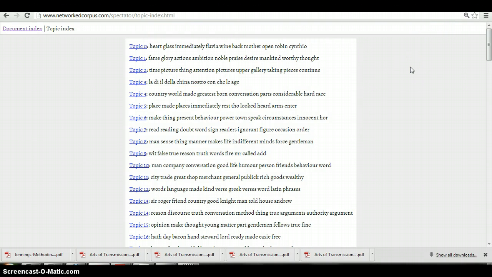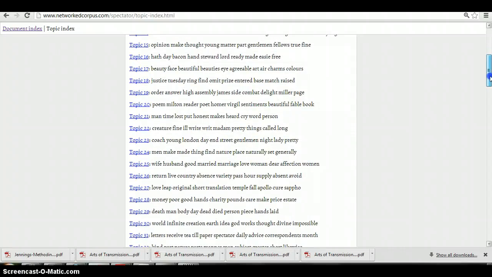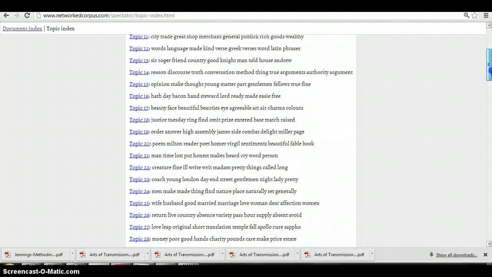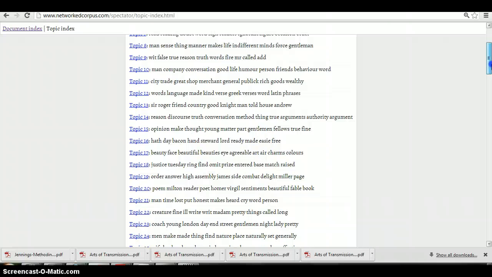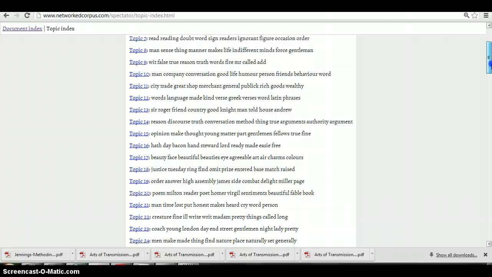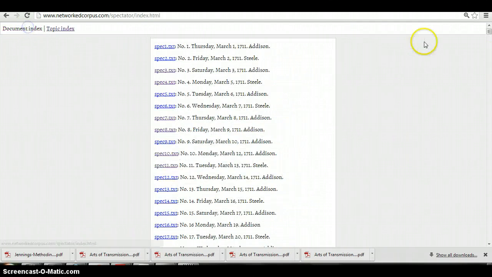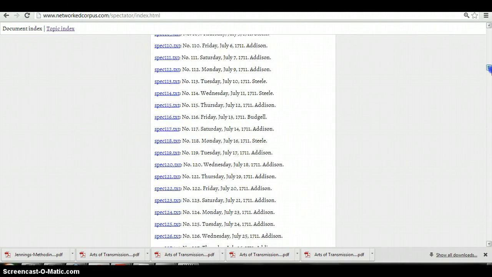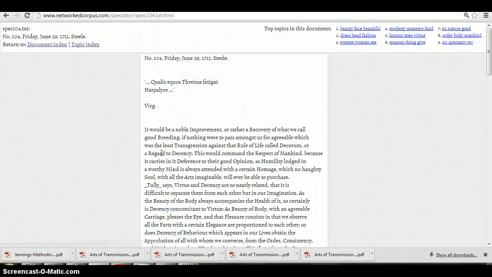However, in addition to these that are radically different in kind, I think there are some really interesting topics that yield to interpretive pressure in interesting ways. So, for example, if we jump to a particular issue, and we go to Spectator 104, we also see the top topics for this document.